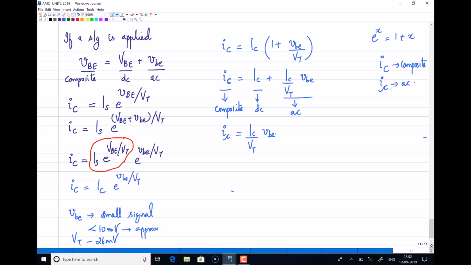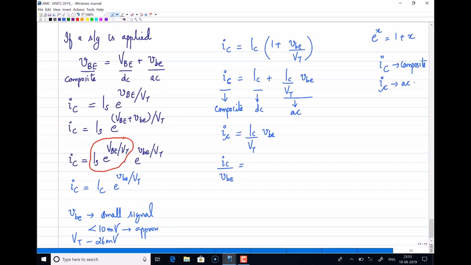Now if I look at the graph of vbe, the composite signal input voltage, and the ic graph, vbe is the input voltage and ic is the output current. So ic by vbe can be a conductance.